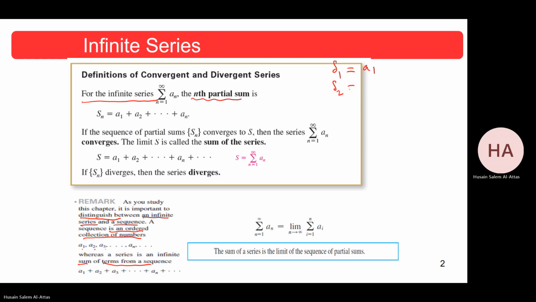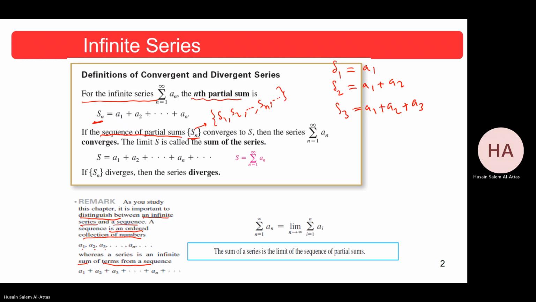S2 is A1 plus A2. S3 is A1 plus A2 plus A3. And so on until I get Sn. So I have a sequence of partial sums, which is all of these Sn. This sequence will be S1, S2, Sn, and so on.